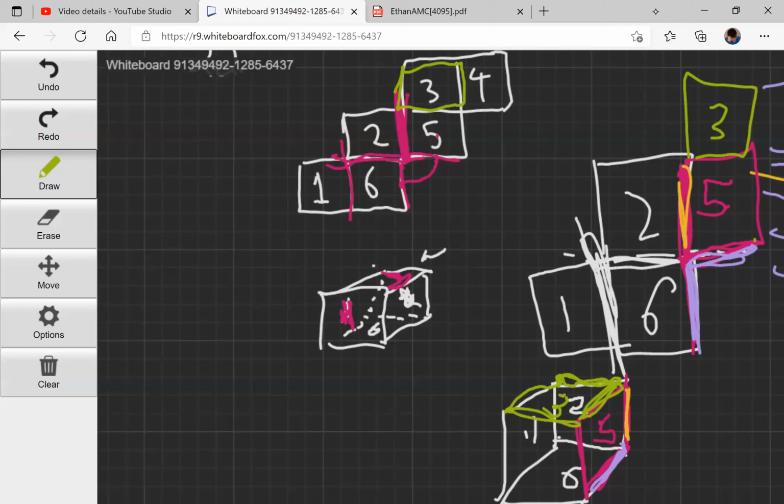So what do you notice about 3 then? 3 is not opposite 1. And not opposite 2.